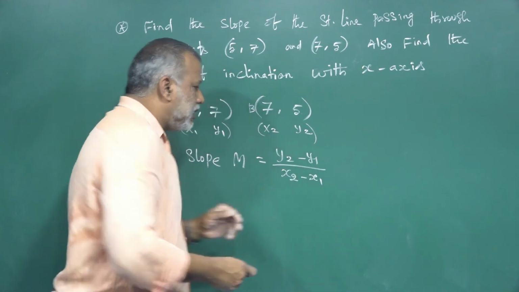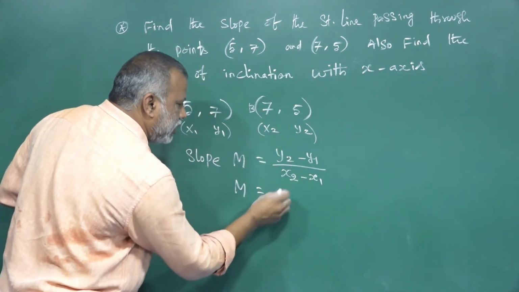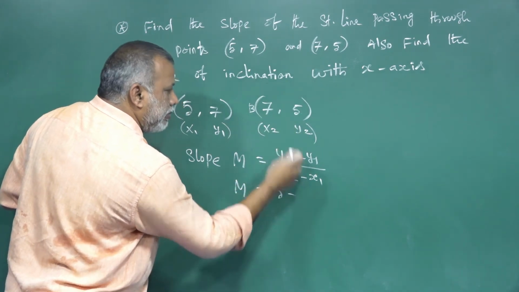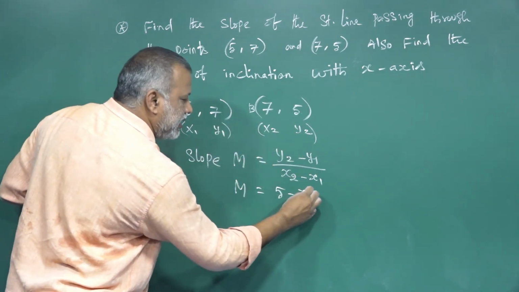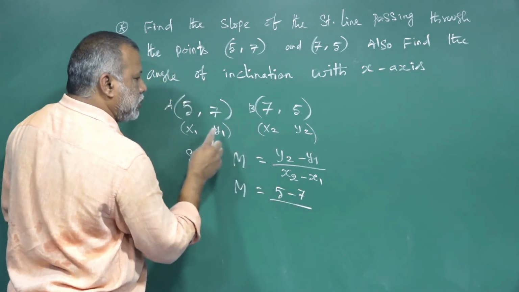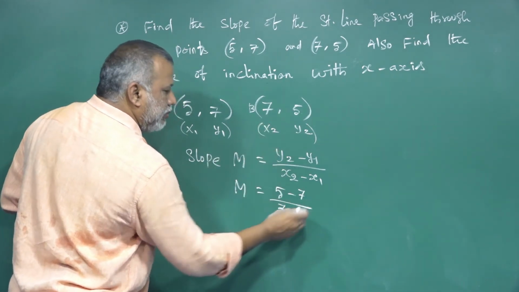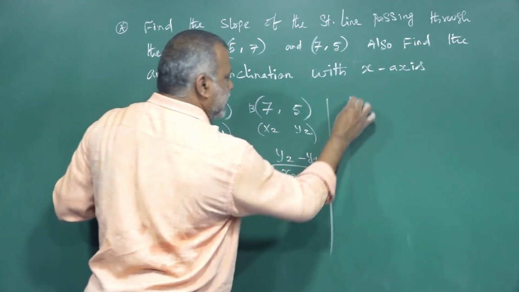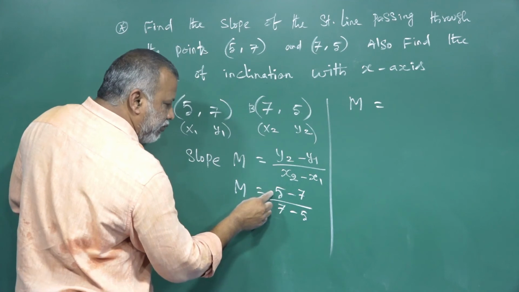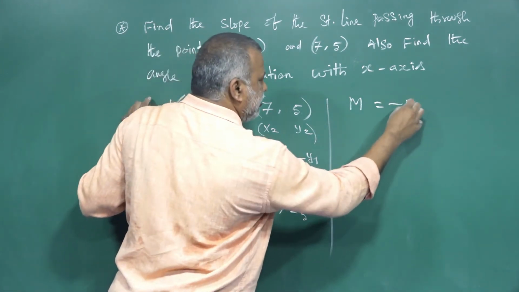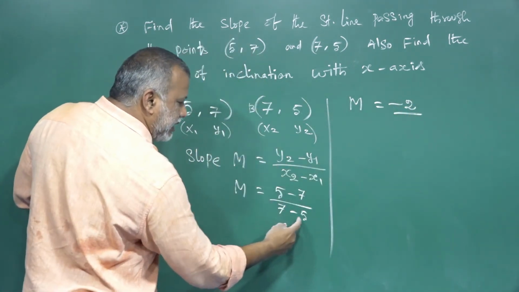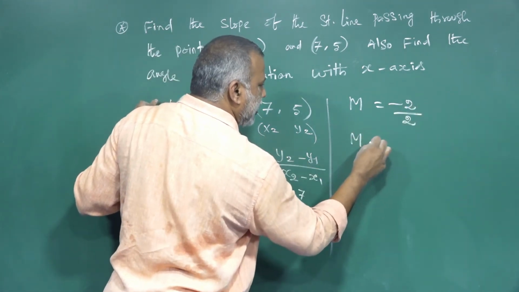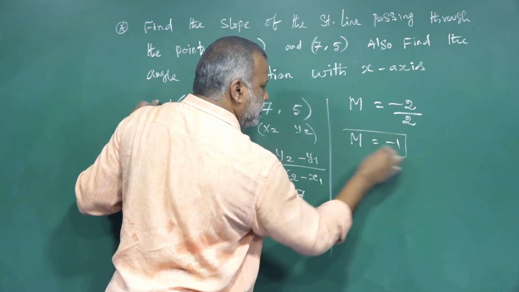Substitute the data here: m equal to y2 minus y1, here y2 is 5 minus y1, y1 is 7, divided by x2, x2 is 7 minus x1 equal to 5. Simplifying, m equal to 5 minus 7, we get minus 2, divided by 7 minus 5, we get positive 2. It will be cancelled. Therefore, slope m equal to minus 1.